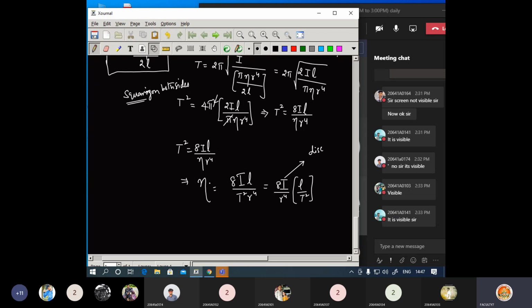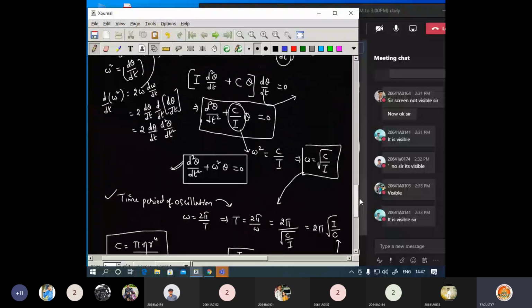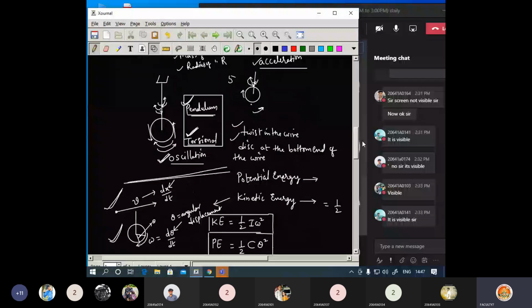So this expression is going to give the rigidity modulus of a material. Which material you are considering, either the brass disc or the wire? This is the material you are going to consider, the material which is in the form of a wire.